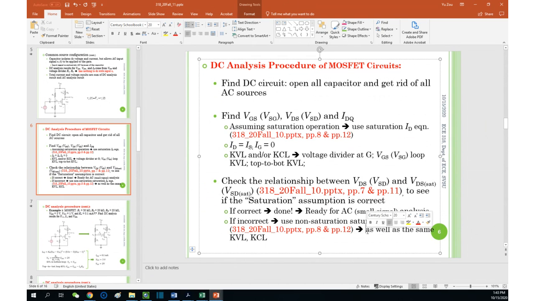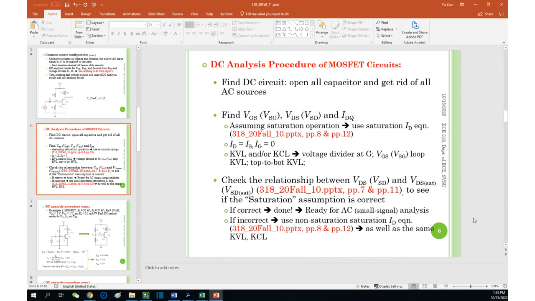But if you still need to find out the correct VGS, VDS, and ID value, you need to do the circuit analysis all over again because you have a new different equation. You need to do the algebra all over again. Okay, this is the DC analysis procedure here.